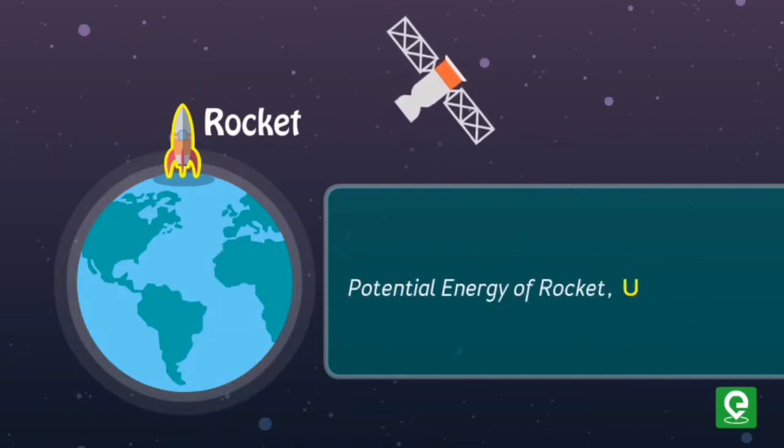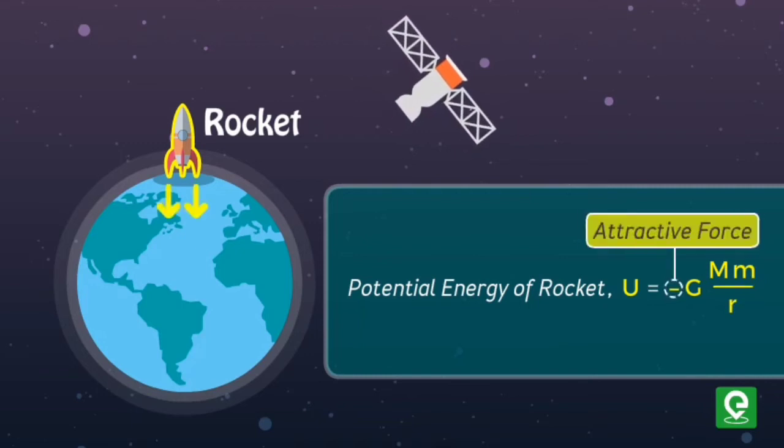Potential energy of the rocket on the surface of the planet is minus GMm upon R. Here, the negative sign implies that the force is attractive in nature. Also, potential energy of the system is always negative.